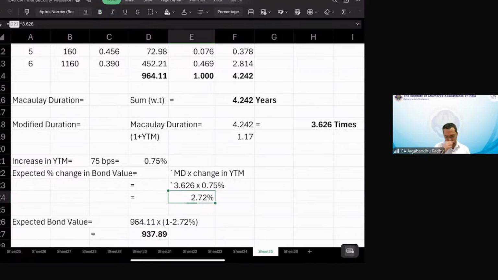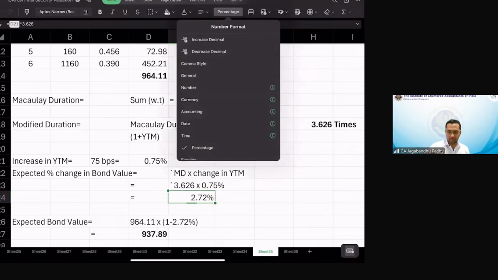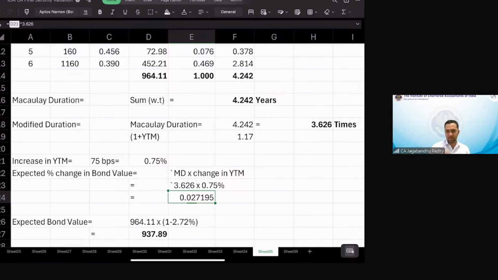No. If it is 0.75 into 3.626, that will be 2.72%, right? If you write it just as a number, it will be 0.027, but 0.027 is basically 2.72%.